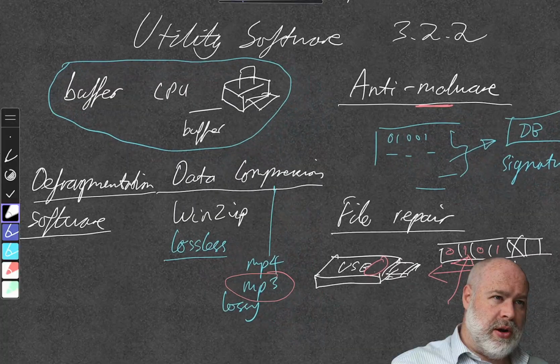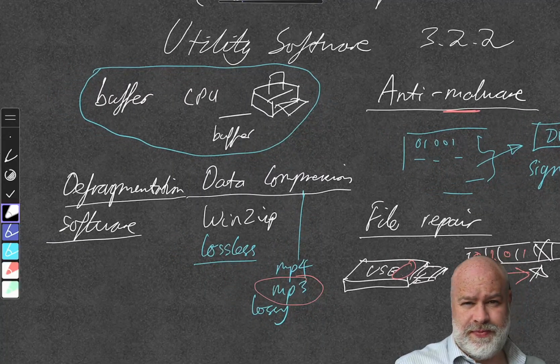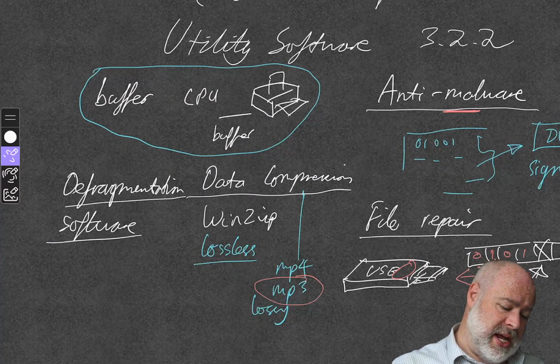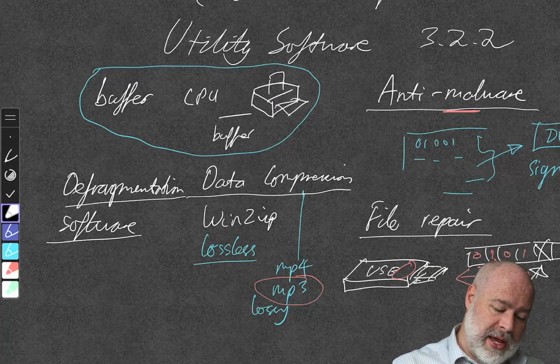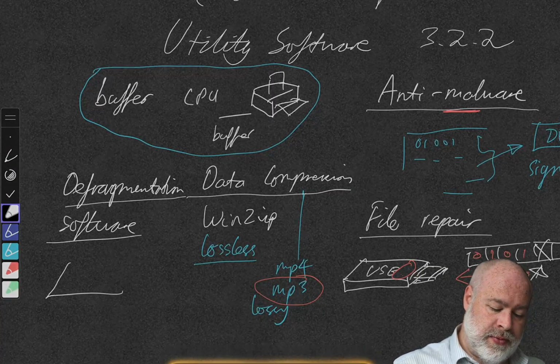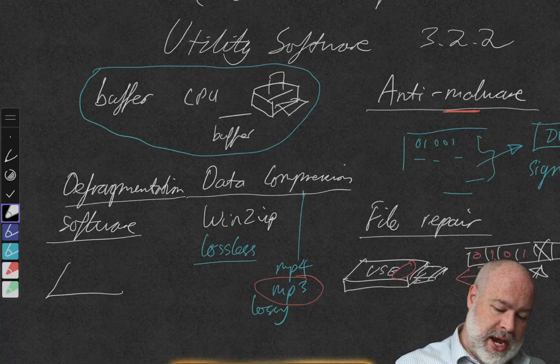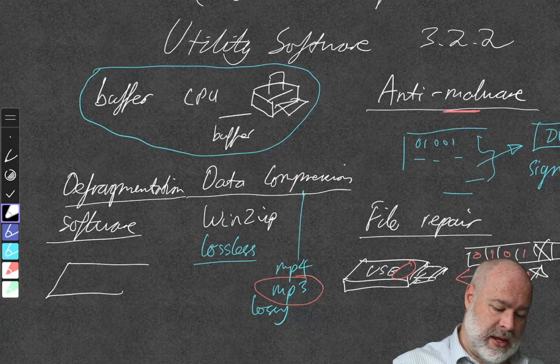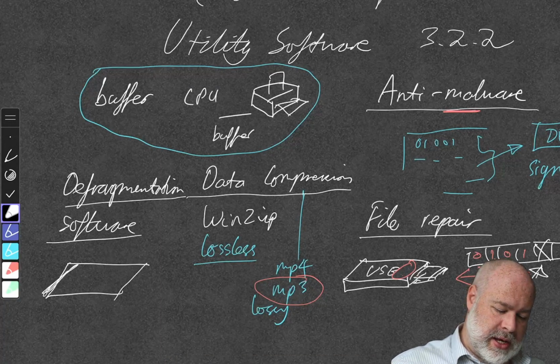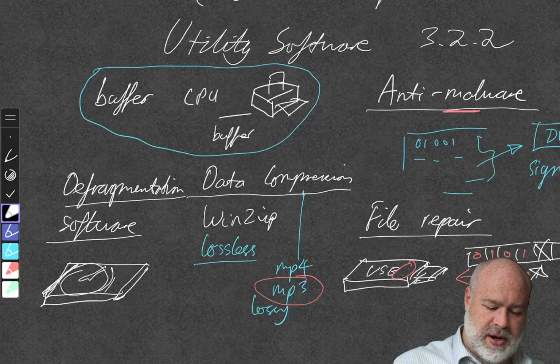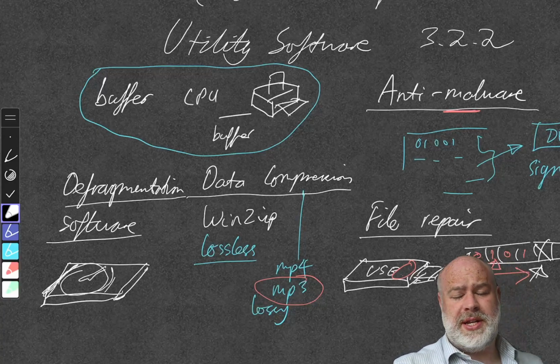Just before we look at some exam style questions, it should be noted that defrag software is only applicable for HDDs, magnetic secondary storage devices. So old hard disks with platters on them that spin around, not for SSDs.